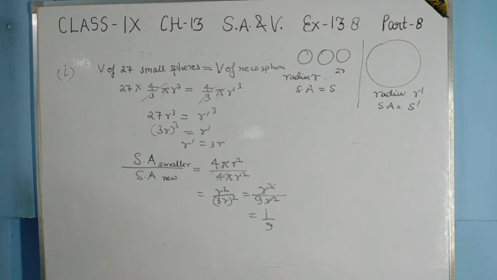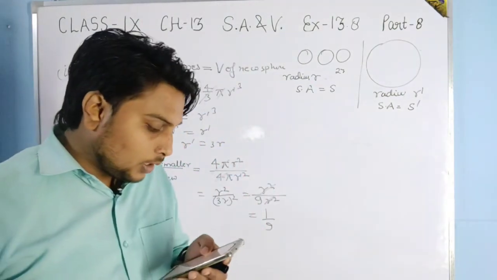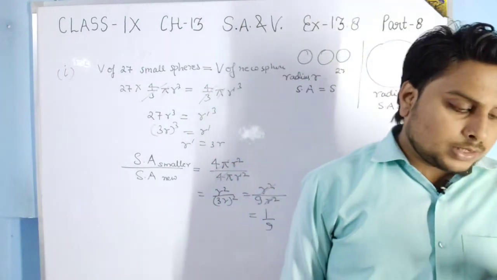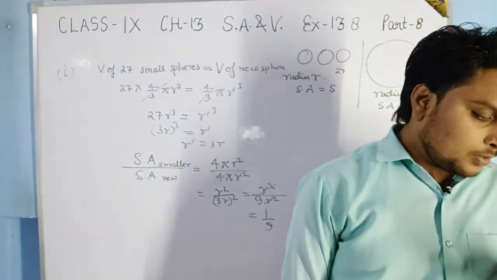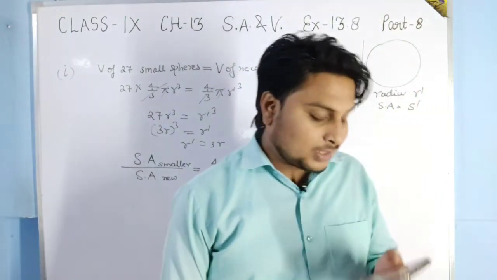Okay, students, you can pause the video and note it down. Students, one more question is there, the last question. The capsule of medicine is in the shape of a sphere whose diameter is 3.5. How much medicine is needed to fill this capsule?